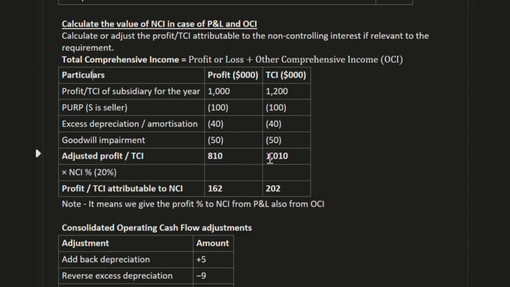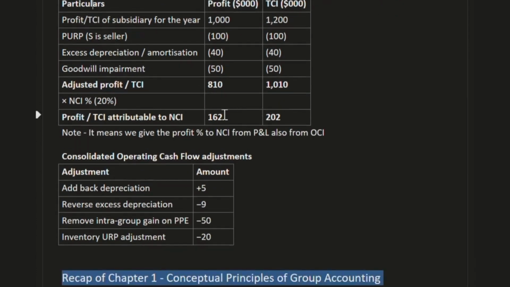So here we got the profit of NCI and TCI of the NCI. 202 is total comprehensive income earned by NCI, and 162 is profit earned by NCI. The rest of the amount is OCI, and we also allocate that to the NCI. That's why TCI becomes 202.